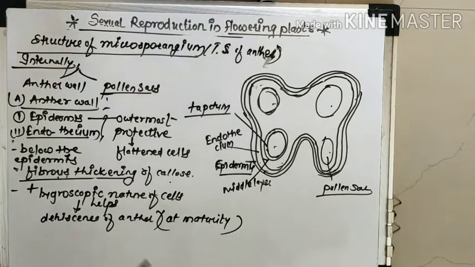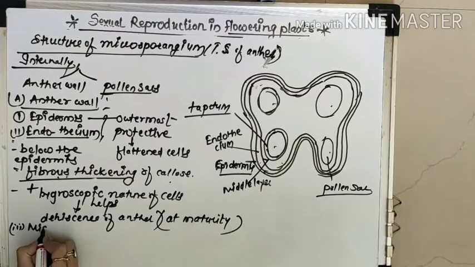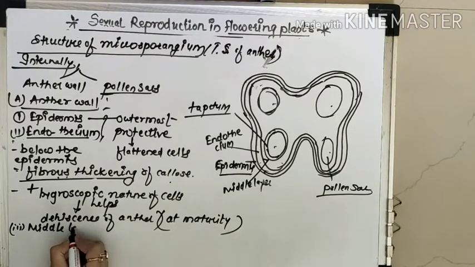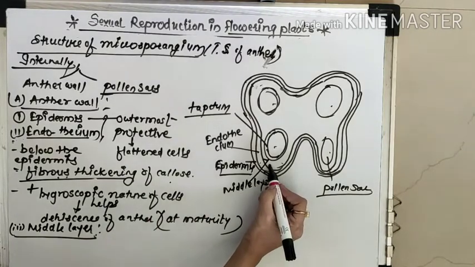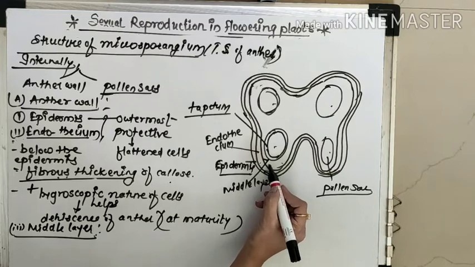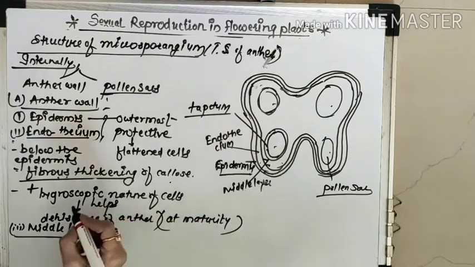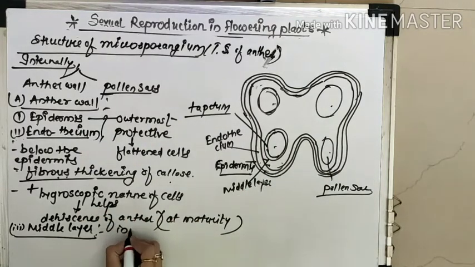Next we will see the third layer, called the middle layer. You can see this middle layer is present inner to the endothelium.